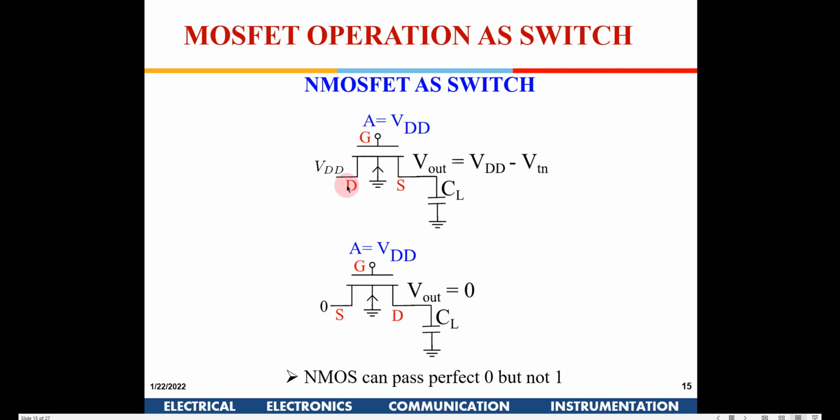See, we are not changing the device. It is a symmetrical device, the same device. The moment I connect the drain here and a capacitance here, we call this a drain and this a source.